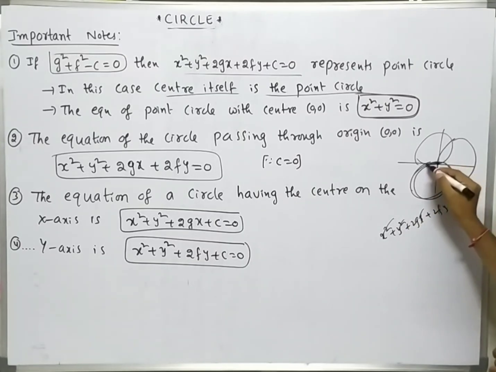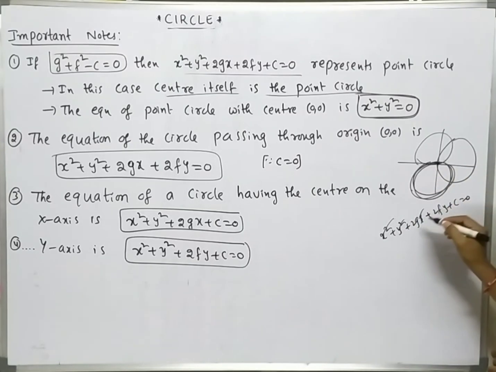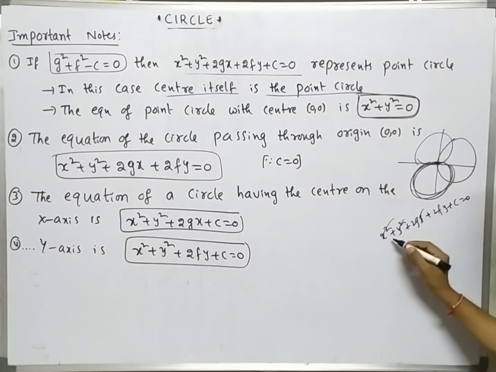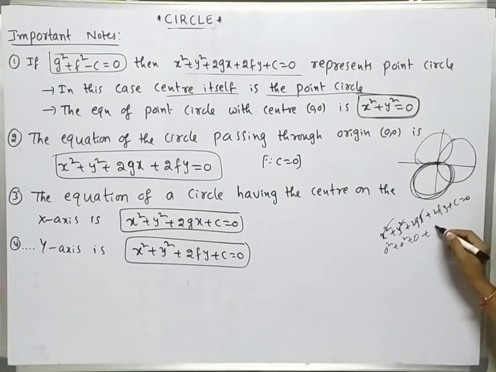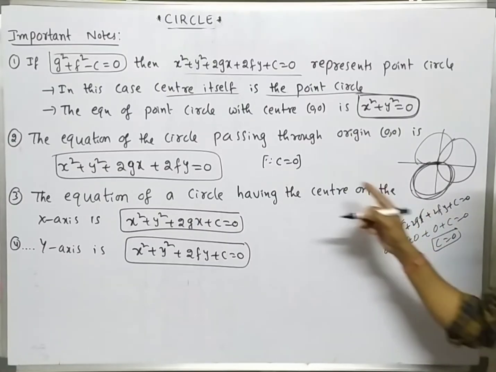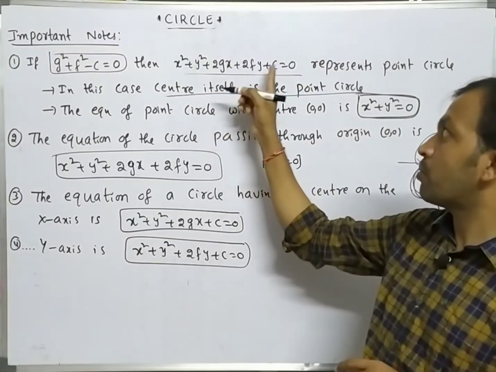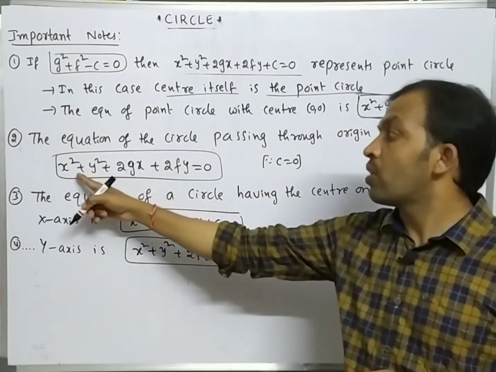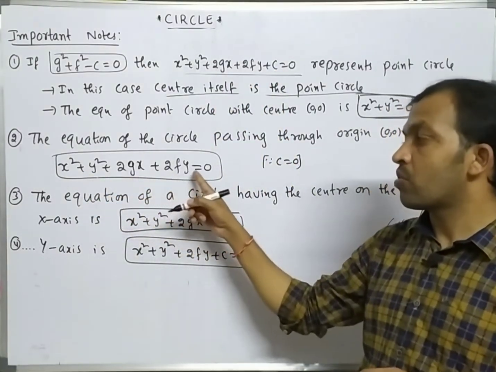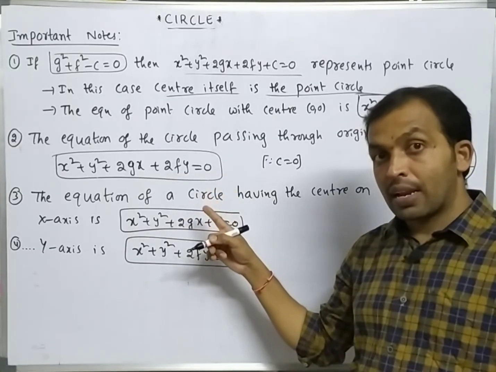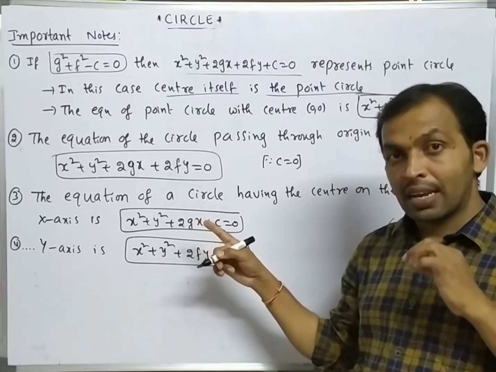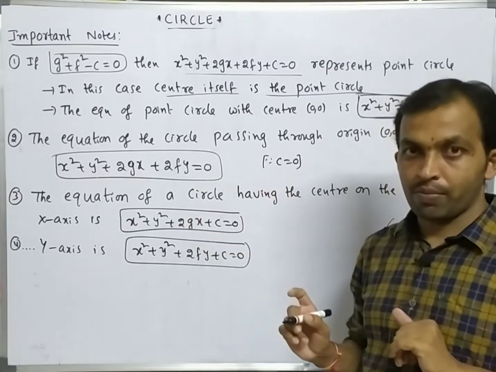As 0 comma 0 is on the circle, it should satisfy the equation of the circle, right? So substitute 0 square plus 0 square plus 2g into 0, 2f into 0, plus c is equal to 0. Then c becomes 0. So in the general equation, we get x square plus y square plus 2gx plus 2fy is equal to 0. So remember that point: if a circle is passing through the origin, then the constant becomes 0.